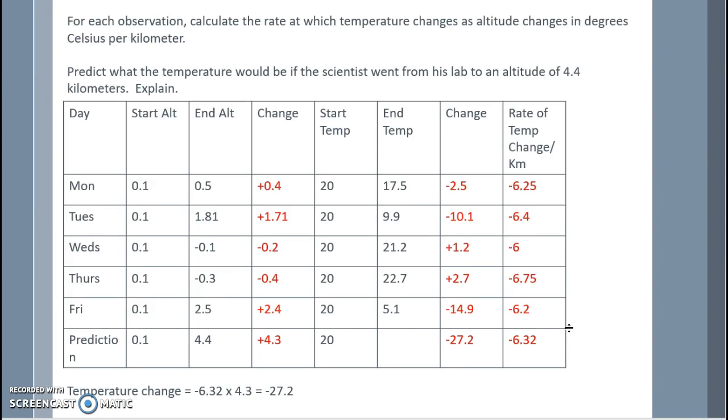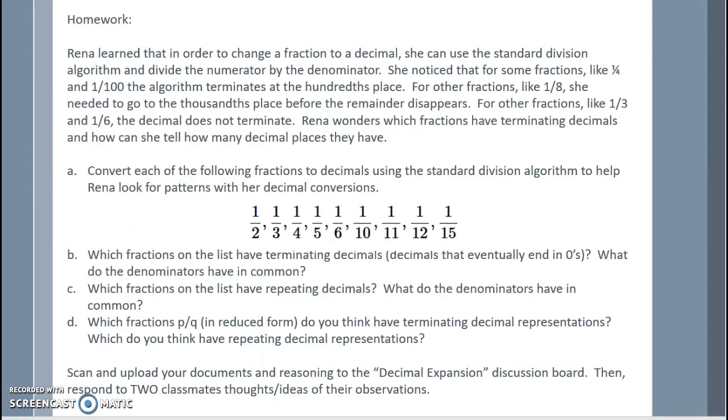So then we can find the starting temperature or the ending temperature by taking -27 and 2/10 and adding 20 to get an ending temperature of -7 and 2/10. The same pattern exists when we use multiplication and division with negative numbers.